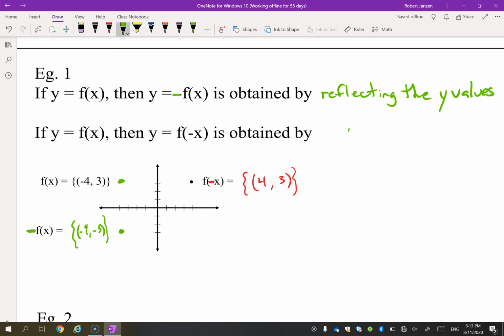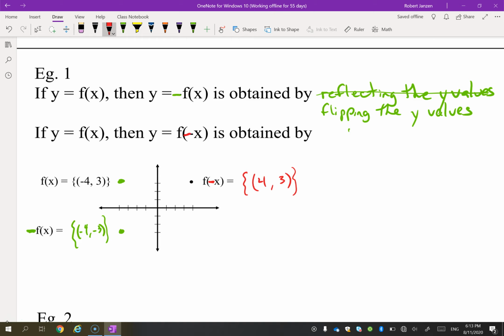Or if you don't like that expression, you can say flipping the y values. It doesn't matter. Whatever you choose to say, what we're doing is we're taking the y values and reflecting them over the x-axis.